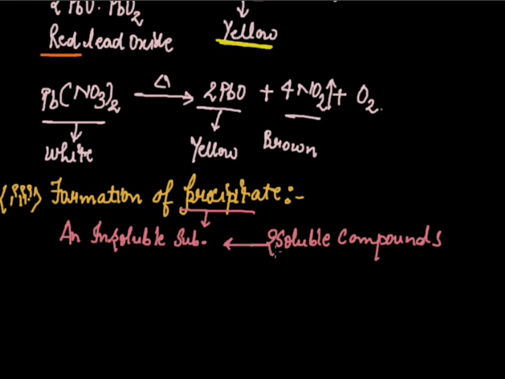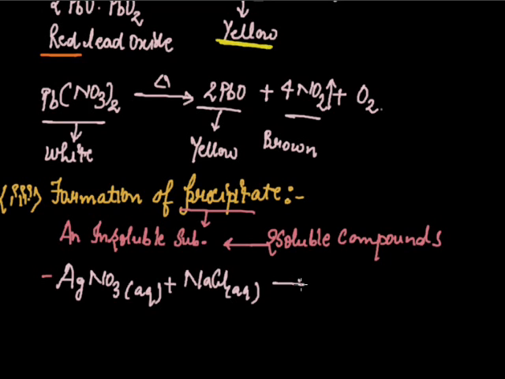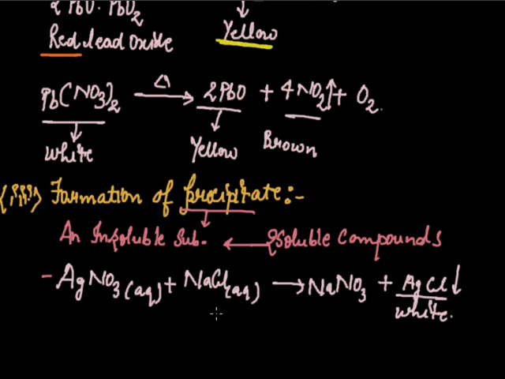For example, silver nitrate, when treated with an aqueous solution of NaCl, forms NaNO3 plus AgCl. A white precipitate of silver chloride is obtained.